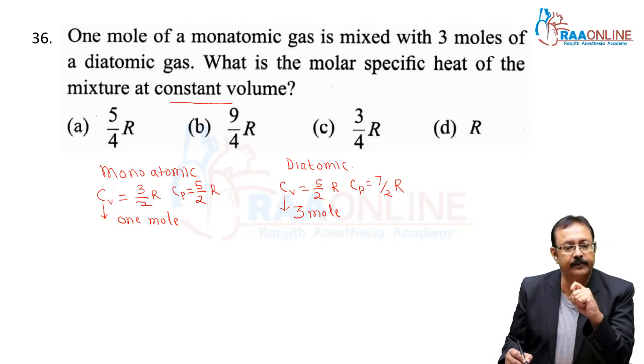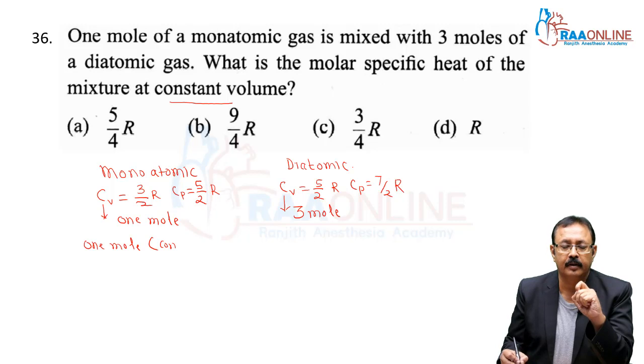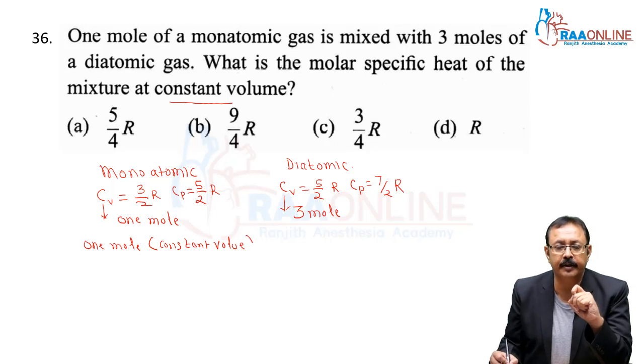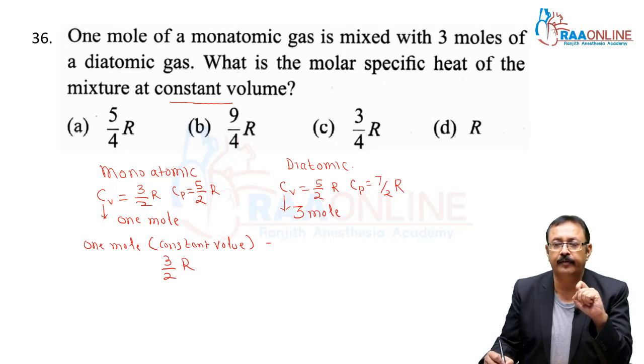But we have only 1 mole. So for this 1 mole at constant volume, how much heat do you need? 3 by 2 R. This you have, 3 mole at constant volume.